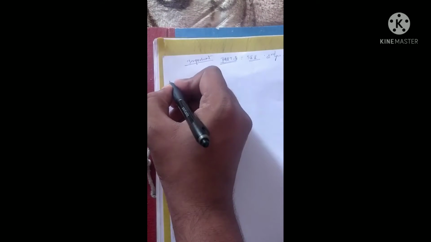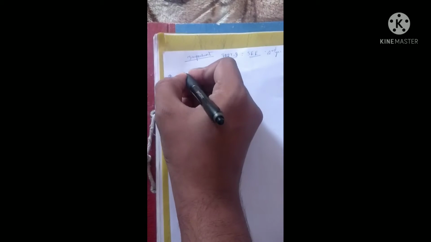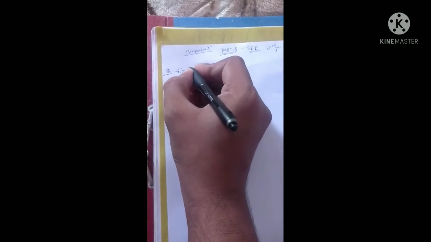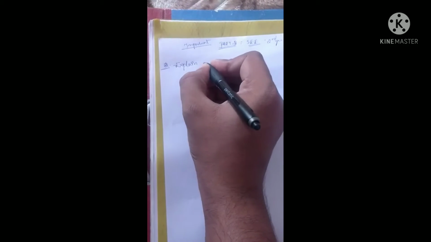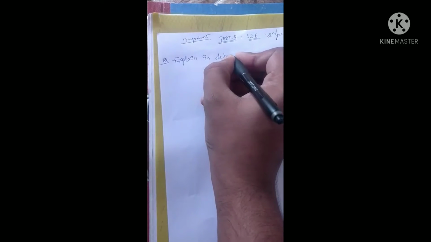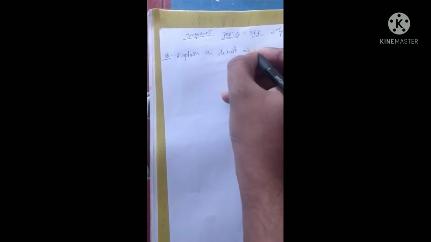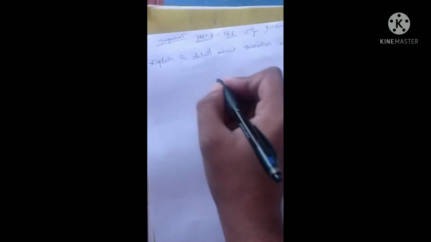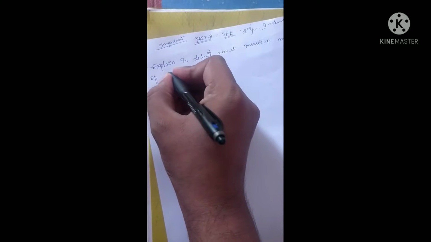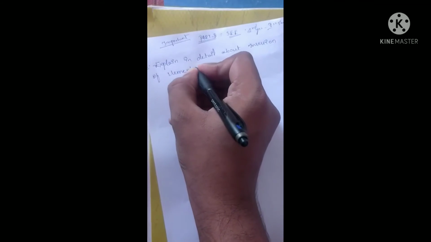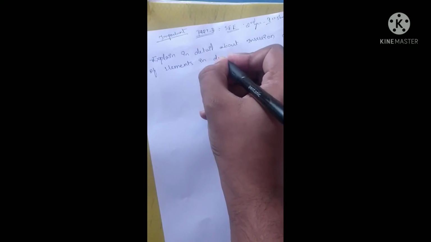So the question is: explain in detail about insertion and deletion of elements in doubly linked list.